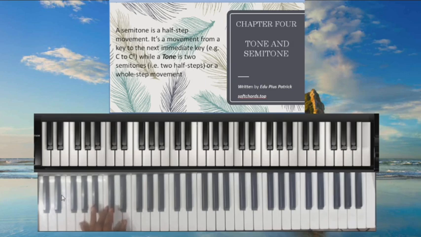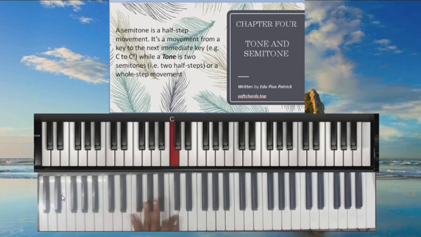Now we'll talk about what tone and semitone is. I've explained what accidental is. Accidental means sharp or flat, and we talked about what sharp is. Sharp means a forward movement on a key, while flat is a backward movement on a key. What I mean by forward movement on a key is, if I happen to play this, this is C, right?